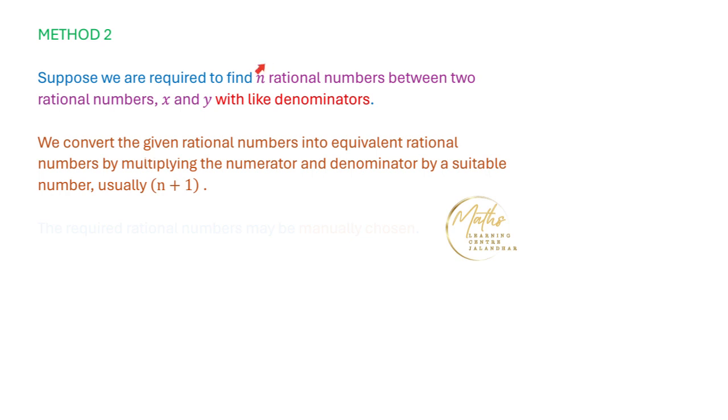We have to calculate n rational numbers. So in general we multiply the numerator and denominator by n plus 1, and then we can manually calculate the required rational numbers. So I will explain this method with an example.